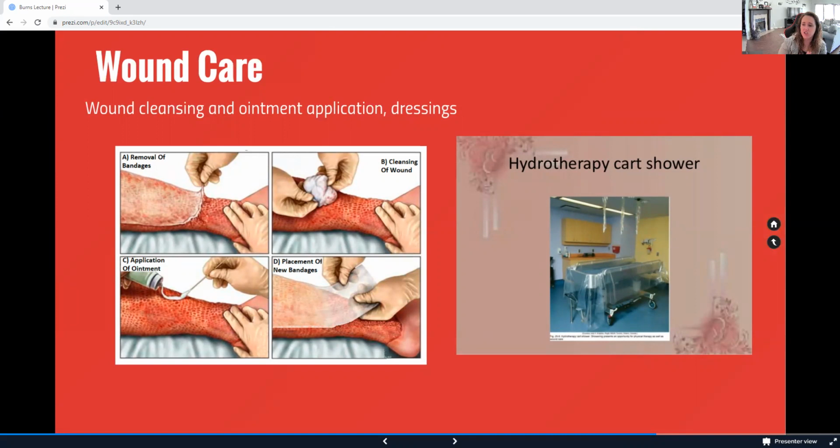One important strategy when you're doing wound care is to prevent cross-contamination. That means that if you have a wound over here, it could possibly have some bacteria in it, but that doesn't mean this wound over here does. They used to soak patients in a big tub, but then that would just have everything exposed.